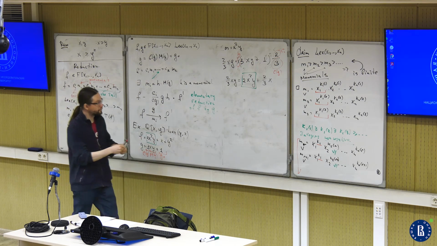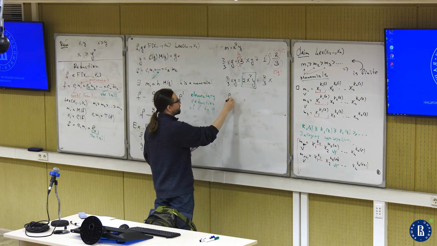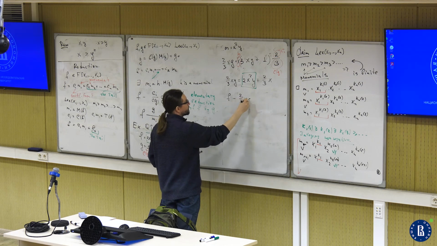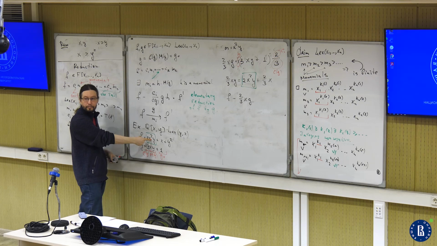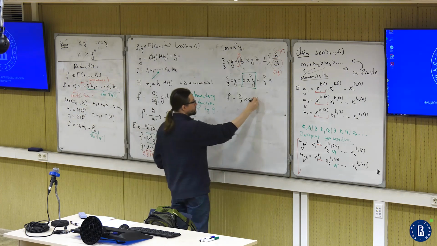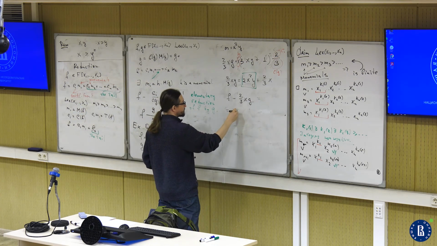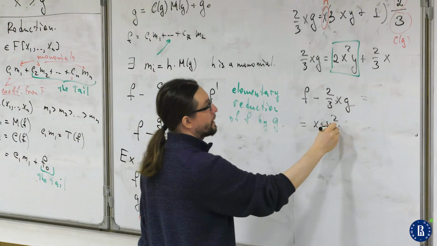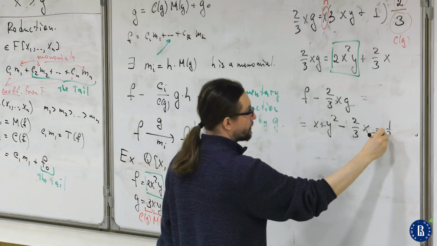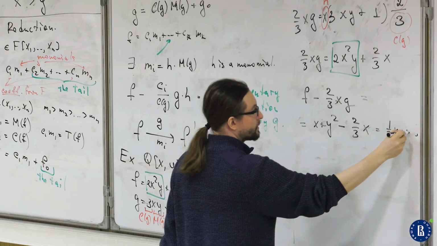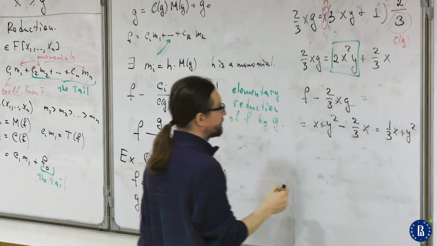Now, if you subtract f minus 2/3 xg, you will cancel this monomial. So the result will be x plus y squared minus 2/3 x, which is 1/3 x plus y squared. So this is f prime.